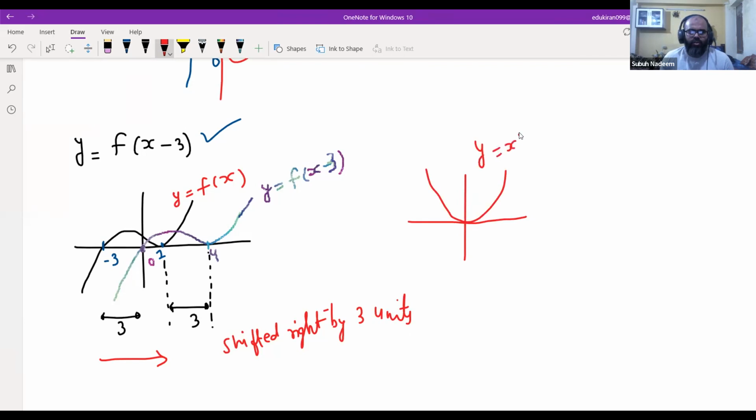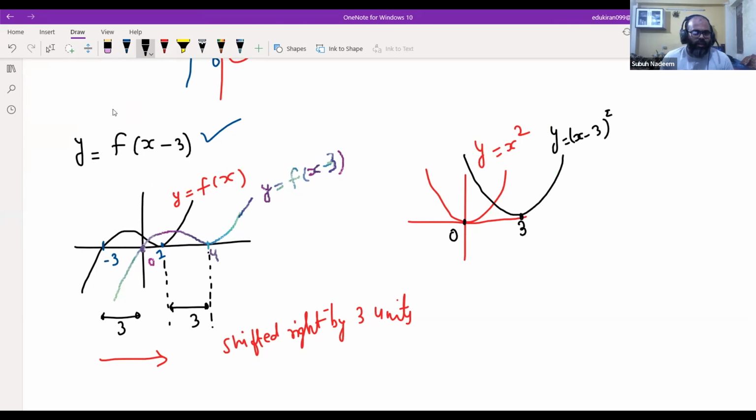Now it is asked that you have to draw a graph of y is equal to x minus 3 whole square. So you will shift this graph, which is y is equal to x square, by 3 units to the right. If it was earlier touching the x-axis at origin, now it will touch it at 3.